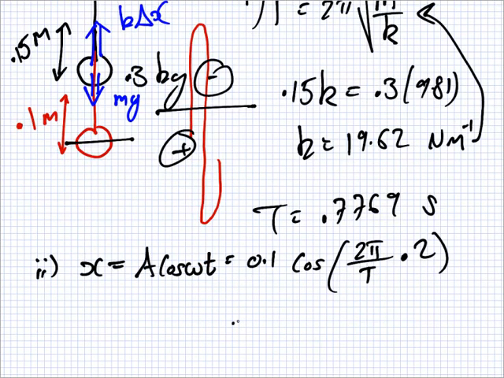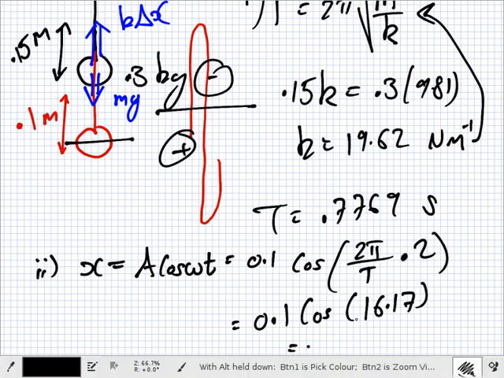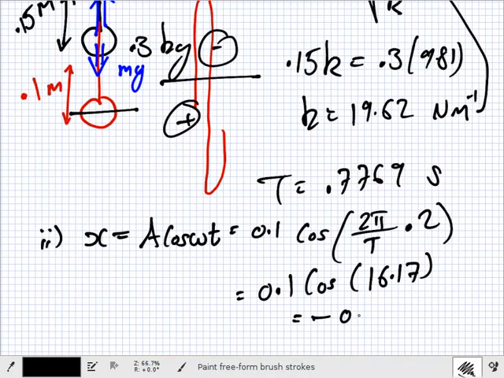So this will be 0.1 cos of 16.17, that is minus 0.0893.